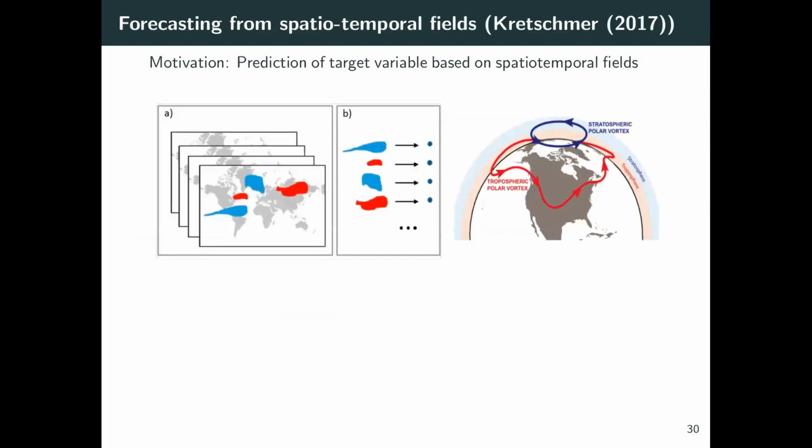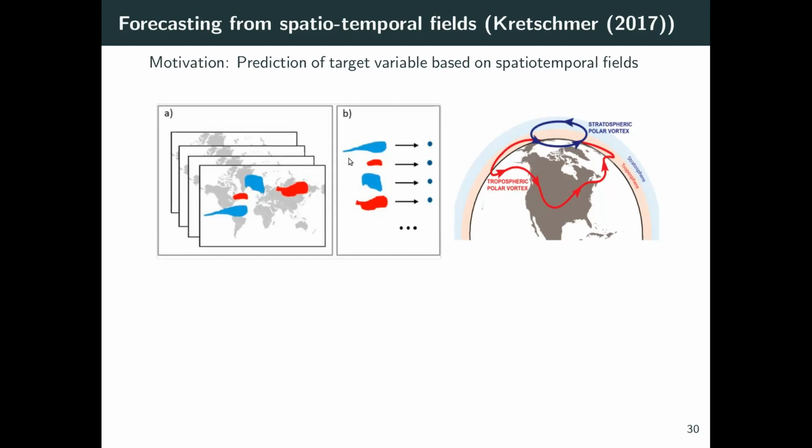Coming to the topic of prediction, we often face the challenge, as identified in this work by my colleague Marlene Kretschmer, that you have a variable field and you have one target quantity, here for example the stratospheric polar vortex, and you want to identify an optimal set of predictors.